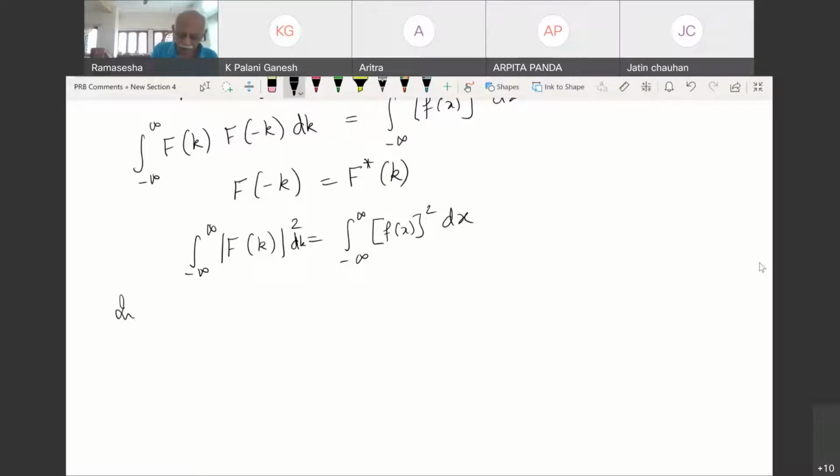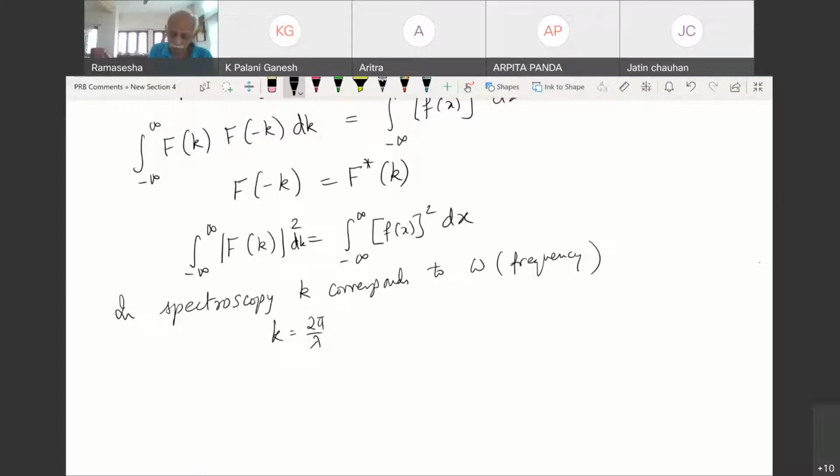Usually these quantities: k corresponds to omega or c, because 2 pi by k is equal to 2 pi by lambda, which multiplied by c will give you the frequency, and x corresponds to time. This is what happens usually.